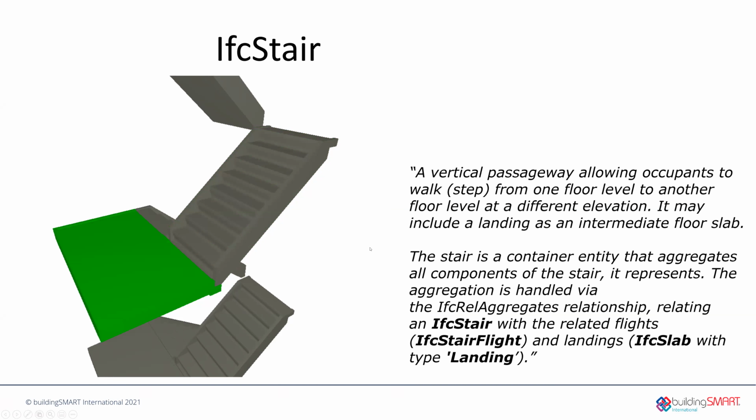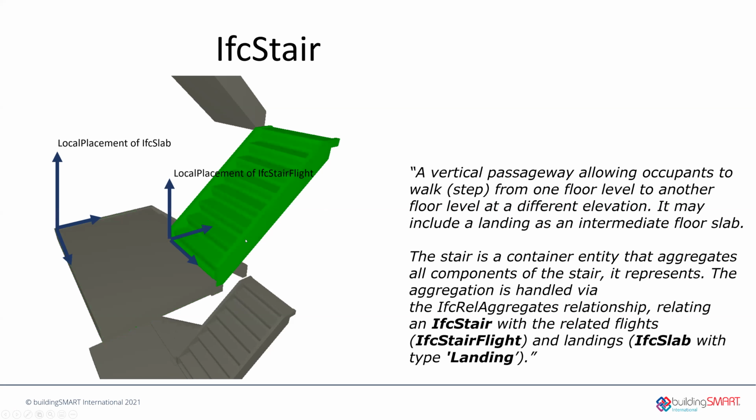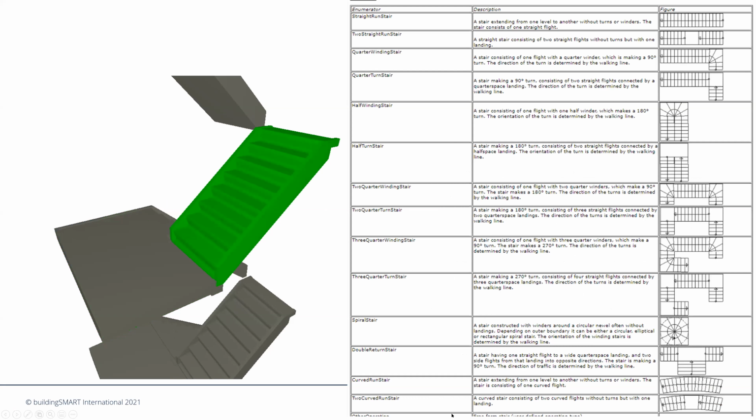So it's all pretty well defined on what do we mean when we talk about a stair, how are we going to exchange it, what are the local placements of these individual objects, and even what type of IFC stair flight is this. There's a lot of different types of stair flights and stairs defined as well, including documented with pictures and everything.